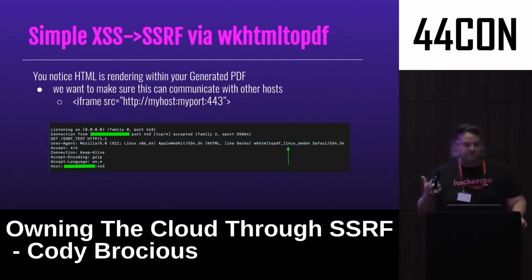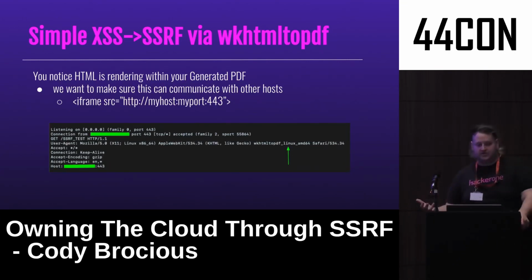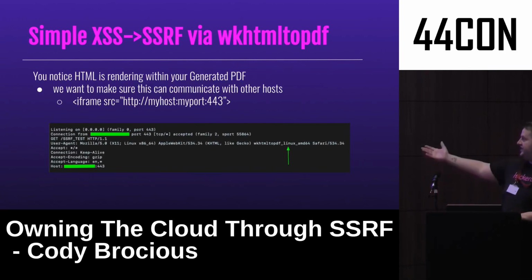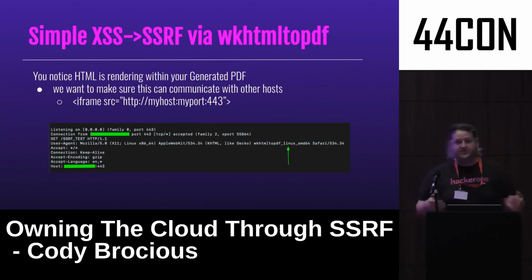We can usually just put in an iframe or even an image source, point it to some host that you control, and if you just run netcat on there, you'll see a connection where it just handily tells you WK-HTML Linux AMD64. And then you know exactly what engine you're up against. You can figure out what your target is.